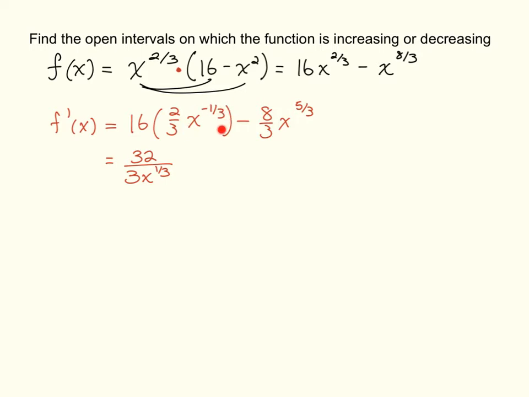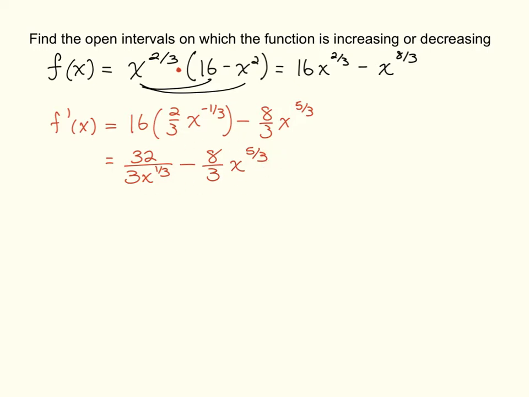The x to the negative power gets moved to the bottom. 16 times 2 is the 32. And from that, we will subtract 8 over 3 x to the 5/3 power. This derivative is as simple as it gets.